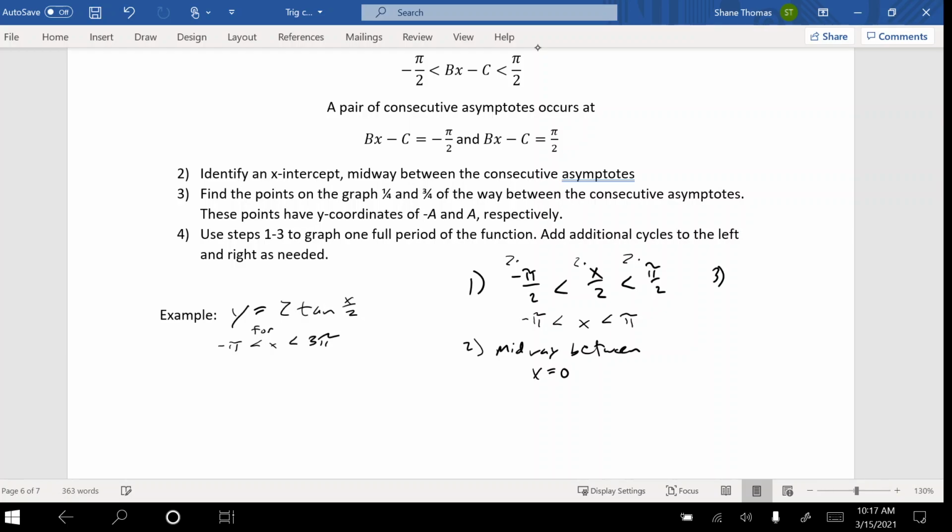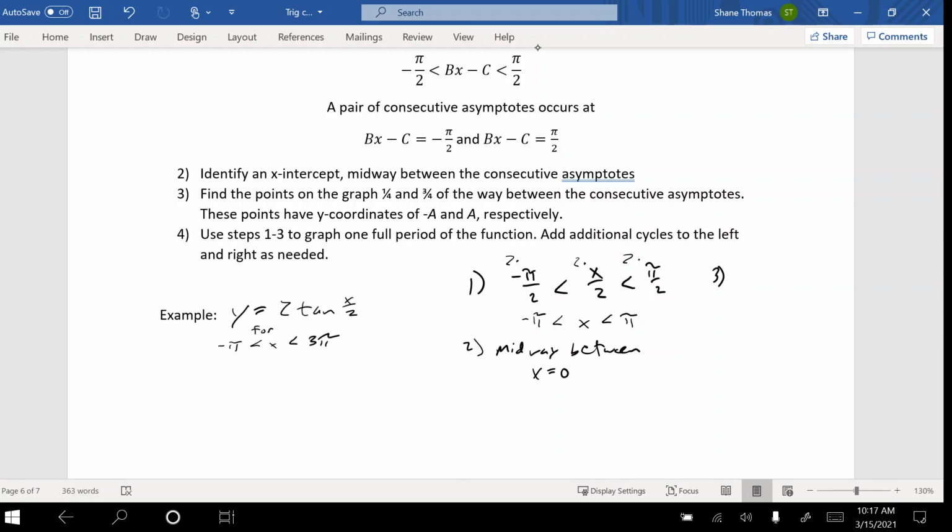In step 3, we want the quarter and 3/4 of the way between the consecutive asymptotes. If I have negative pi and pi, dead center is 0, that would be my half, essentially. I can split both of those other halves in half.